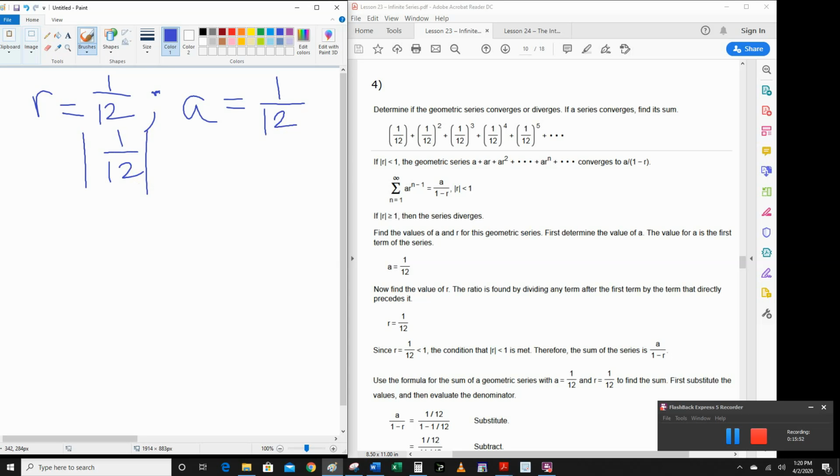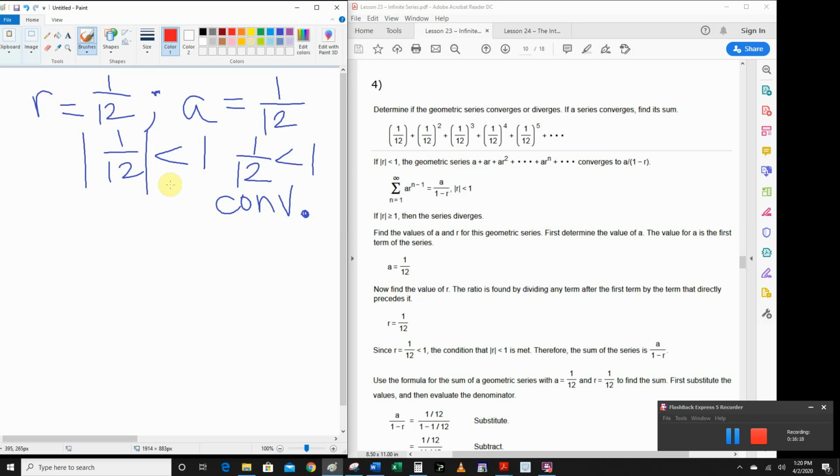To test for convergence for a geometric series, we take the absolute value of our ratio and see if it's less than 1. 1/12 is less than 1, so our series converges and we can find its sum.